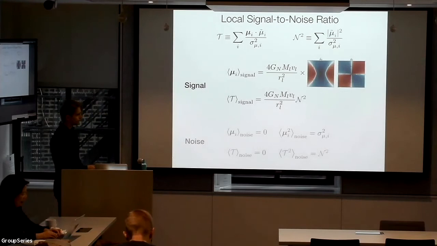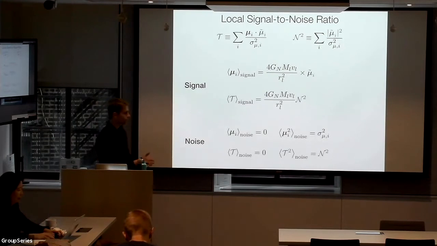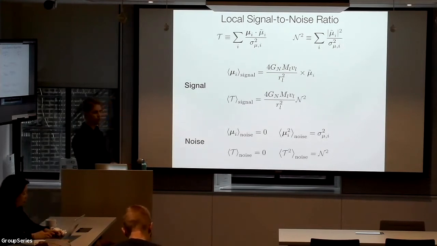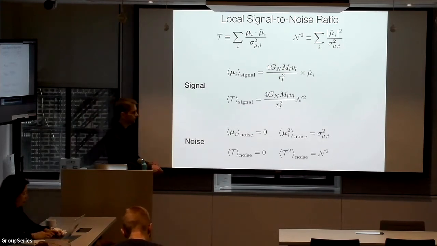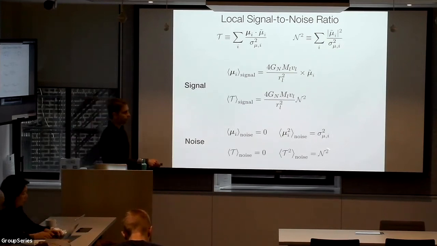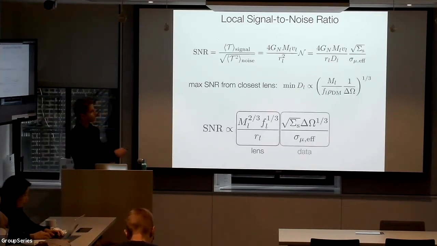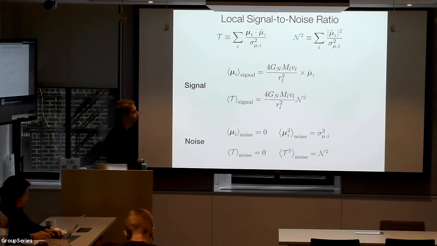And let's suppose the noise had zero mean, so the stellar motions in the absence of lensing had no mean velocity, but just had some variance per star that could be different. Then the average template test statistic would be 0, but the variance of the test statistic would be n squared.